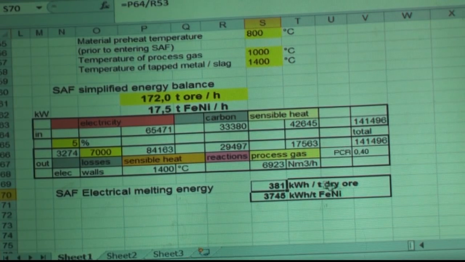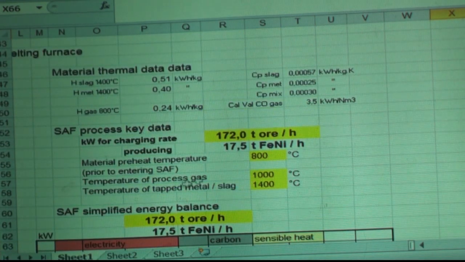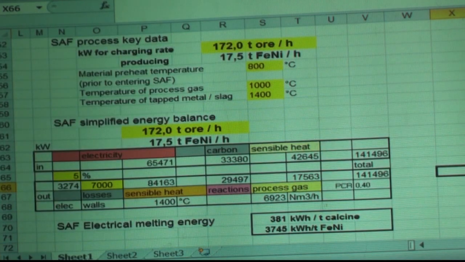And then we must put, instead of dry ore, we put calcine. So for me, this is either old information, not updated, but today, for me, this is a normal consumption. Okay. I check this.